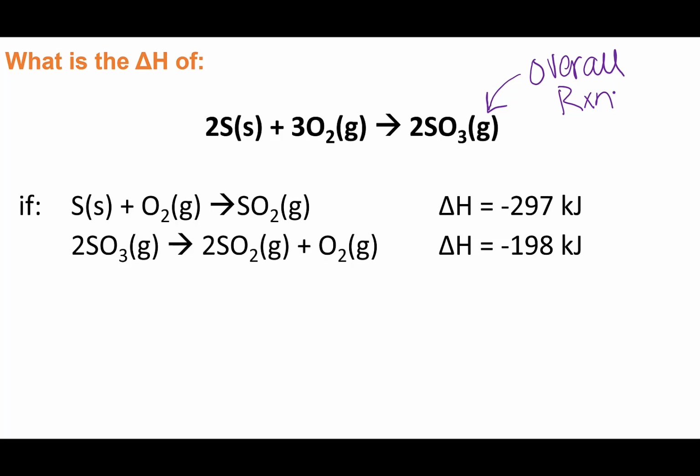Below are 2 steps. These are the 2 steps that I experimented, or the procedure I did in the lab, and I was able to experimentally determine the enthalpies for each of these steps. Now, I need to rearrange and manipulate these 2 steps so that when I add them together, they equal the overall reaction.